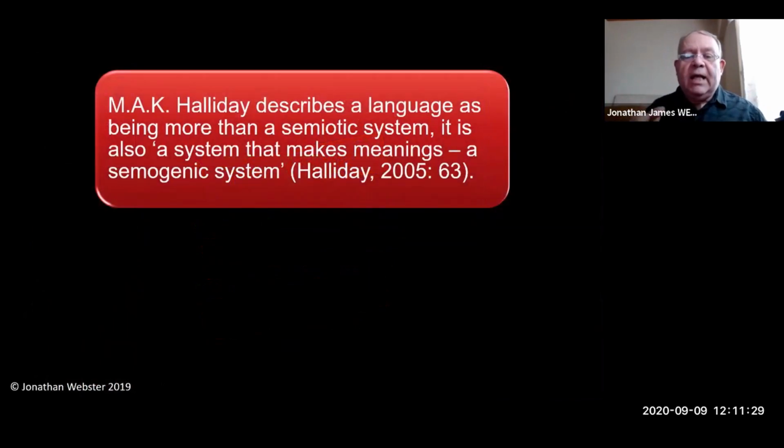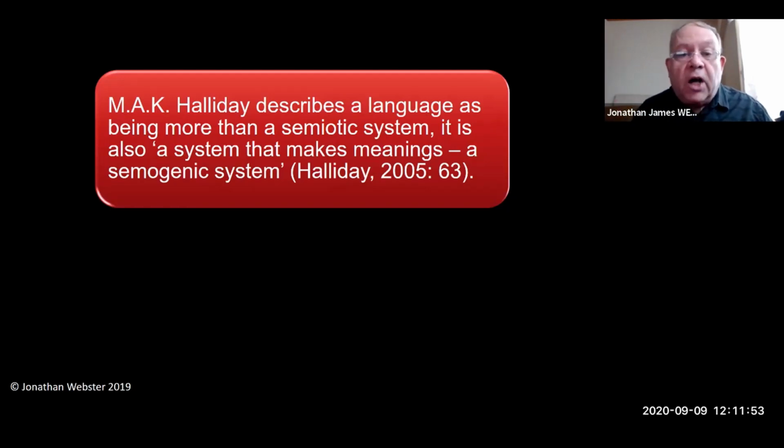So language, Halliday says, is more than a semiotic system. It's more than just a system of meaning, because we have many meaningful systems. I mentioned previously that if you're driving, the traffic light is a semiotic system. Red, stop. Green, go.